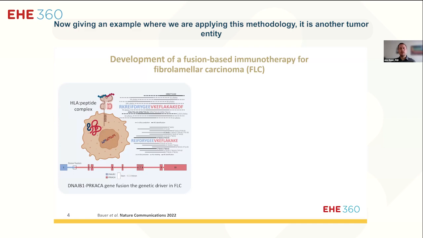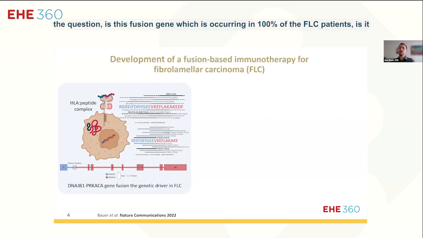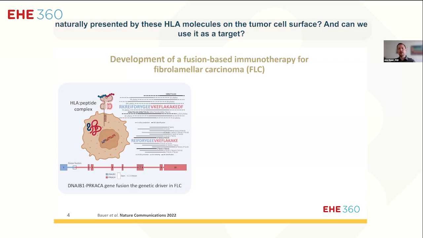Now, giving an example where we are applying this methodology, it is another tumor entity which is characterized by a fusion gene, the fibrolamellar carcinoma, or short FLC. Maybe you have heard of it. In this project, which was published in 2022, we were working on the question: is this fusion gene, which is occurring in 100% of the FLC patients, naturally presented by these HLA molecules on the tumor cell surface?